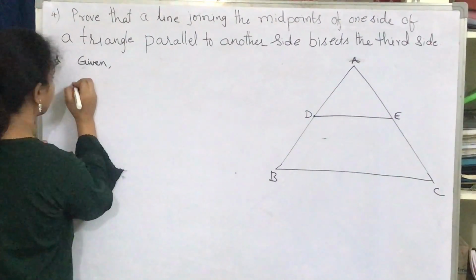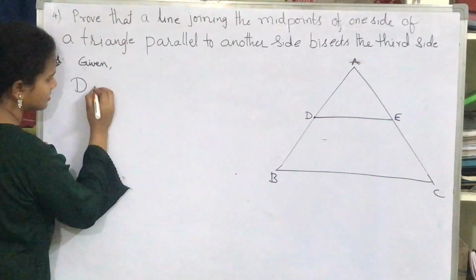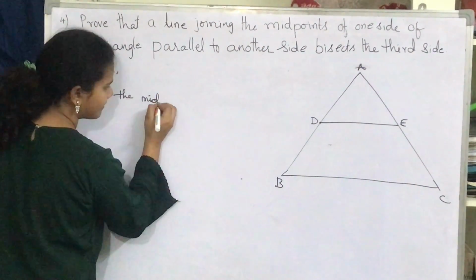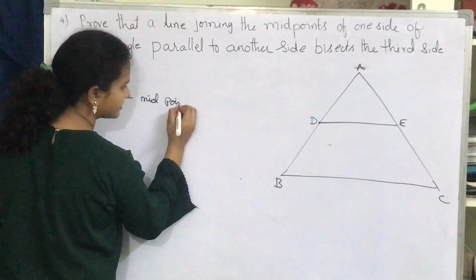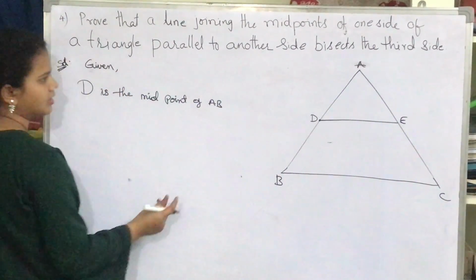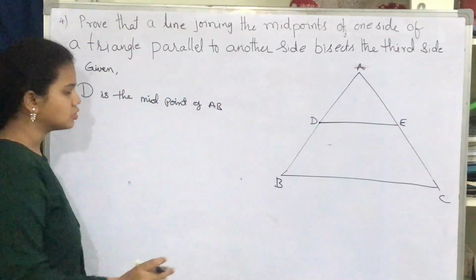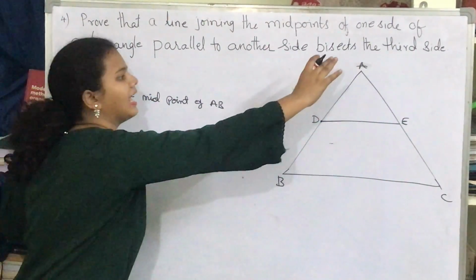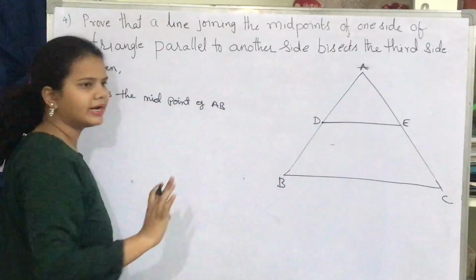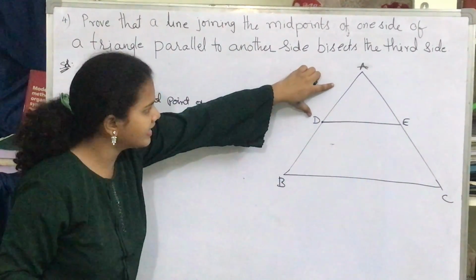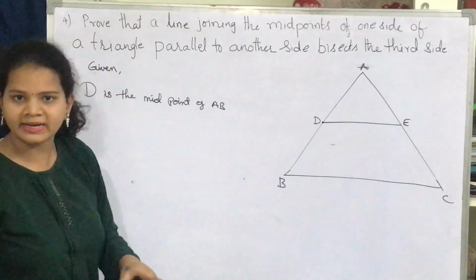Given where D is the midpoint of AB, right? D is the midpoint of AB. So here D became the midpoint of AB, as I can say AD is equal to BD. So AD has divided in the same ratio as BD does.